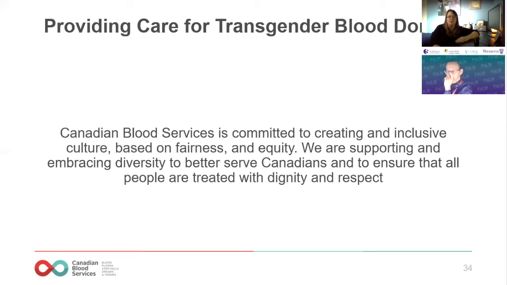And we want to create an inclusive culture based on fairness and equity and support and embrace diversity, to also better serve the Canadian patients that we serve. And we want to ensure that all people who come to our donor clinics are treated with dignity and respect.